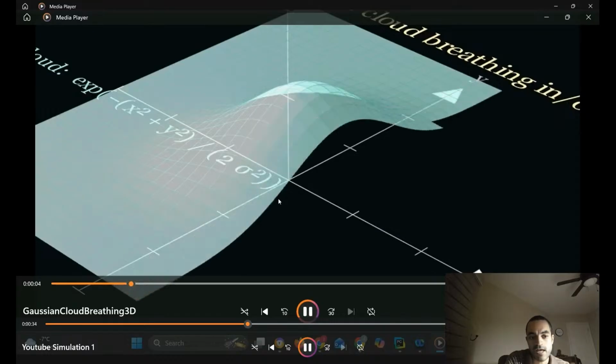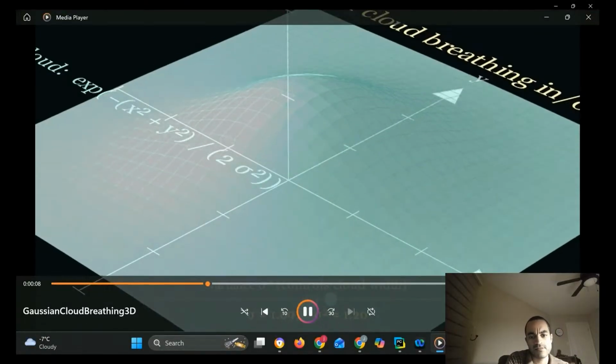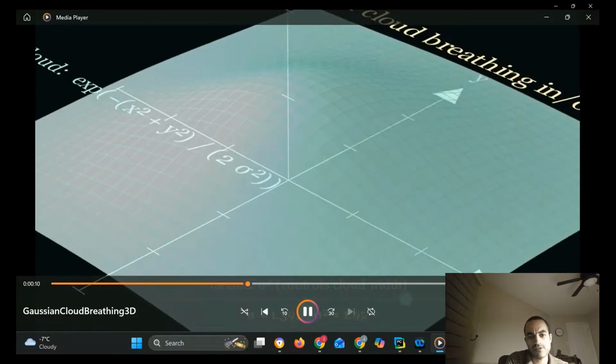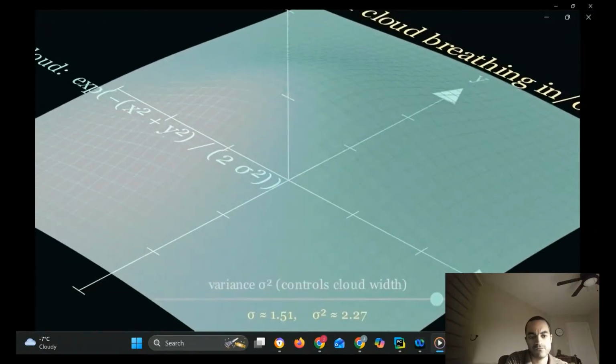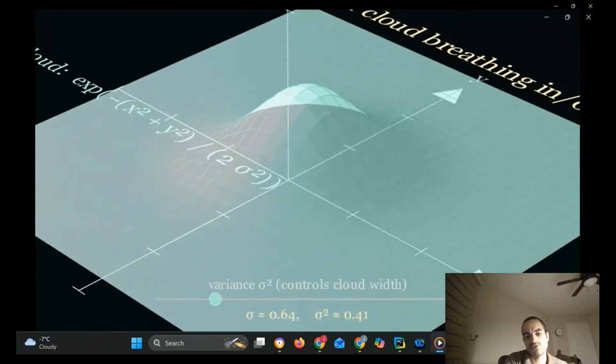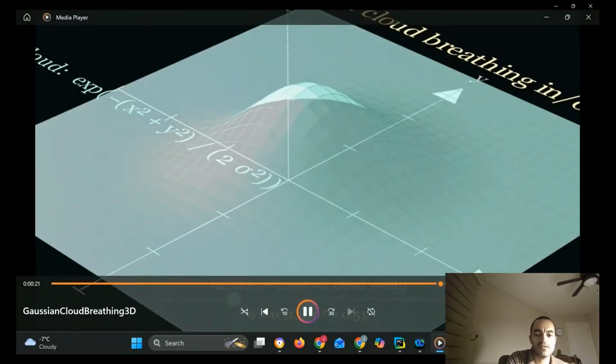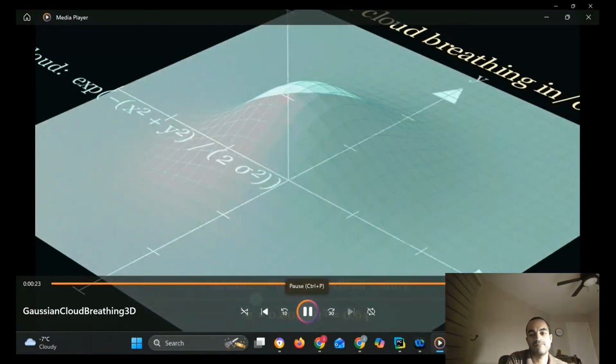And you'll notice another thing too, that this Gaussian cloud is written in the form e to the negative x squared plus y squared over 2 sigma squared. If you've noticed, it looks like a certain type of distribution.